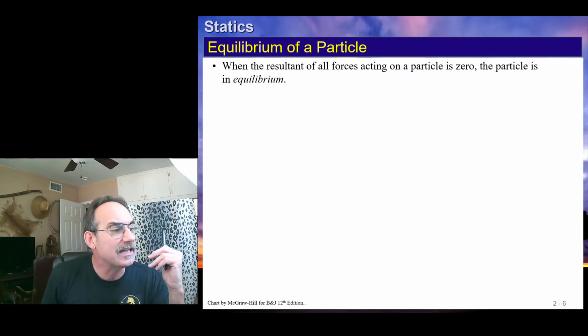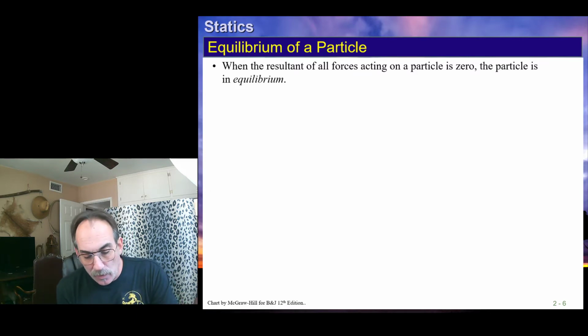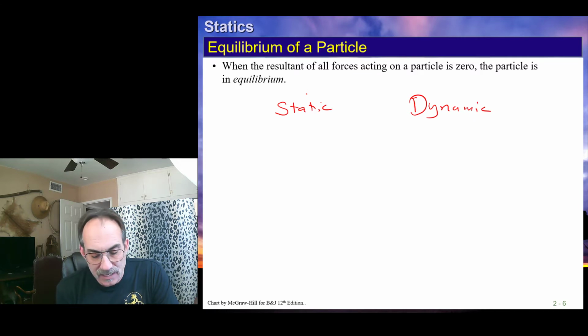is basically what we're going to do here. Remember in lecture 1 we talked about static problems and dynamic problems. In this class we're dealing with static problems. That's ARO 2041 at Cal Poly, and you can insert whatever your class number is.